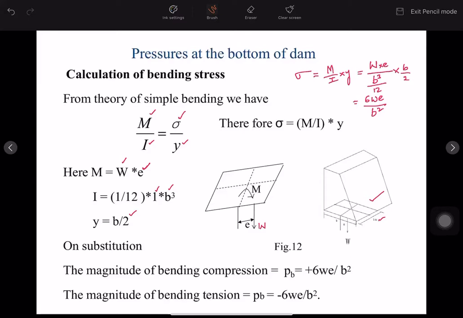So ultimately we'll get a value of 6WE by B square. For compression we'll give a value of plus, and for tension we'll give a value of minus. So what will be the bending stresses in case of compression and tension? Plus or minus 6WE by B square.